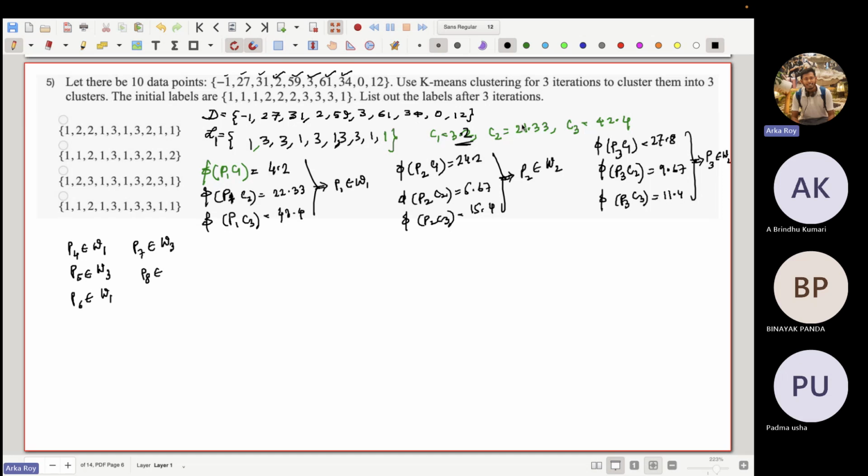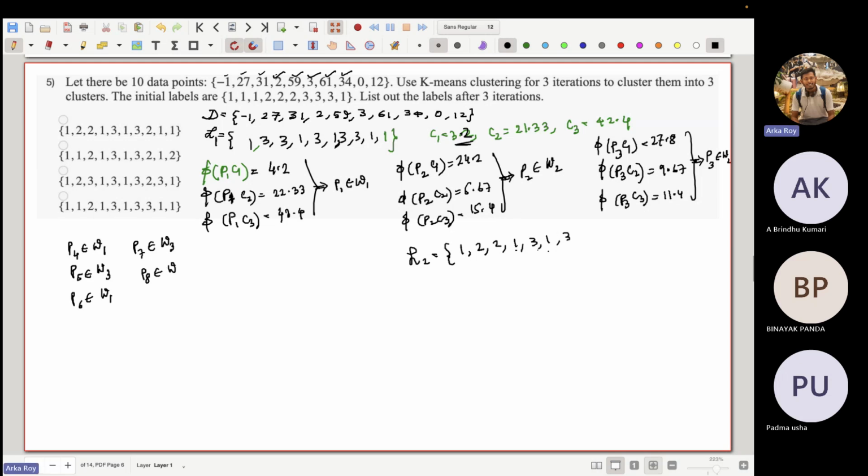So if I start writing the updated labels, I have got 1, 2, 2, 1, 3, 1, 3, 1, 1, 3, 1.